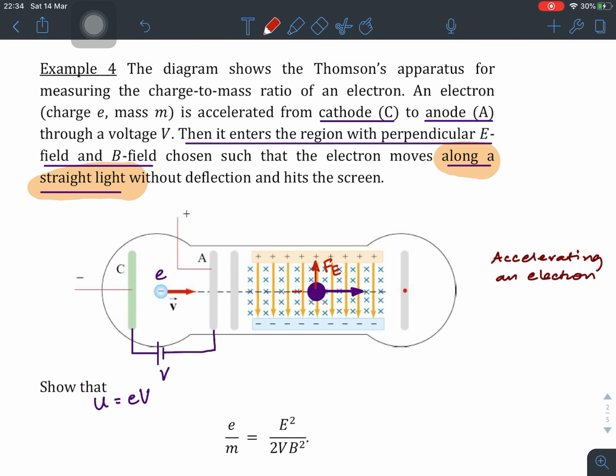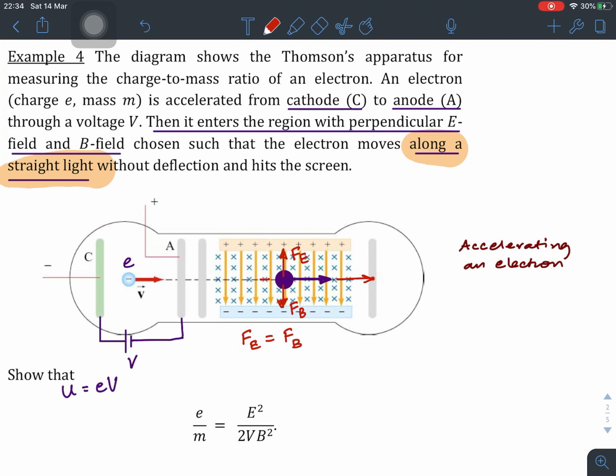For the magnetic field, you use the right hand rule, and you find that the force from the magnetic field, or Fb, is in the downward direction. So the particle will go in a straight line in this axis if and only if Fe and Fb are in equilibrium, so the forces should be equal.